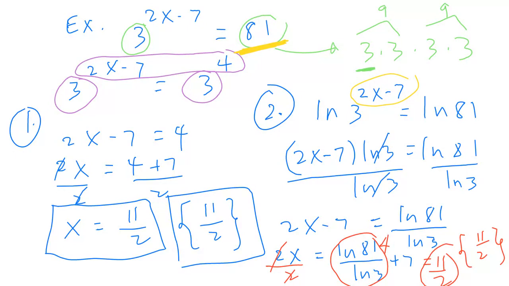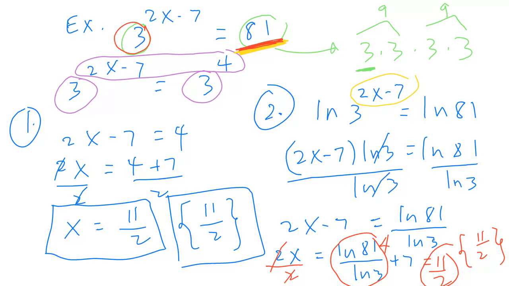So the second solution, or the alternate solution, can be used if there's no way for you to express your number, like 81, into a similar base. That would be our alternate solution. You can use that if you have trouble finding the same base.